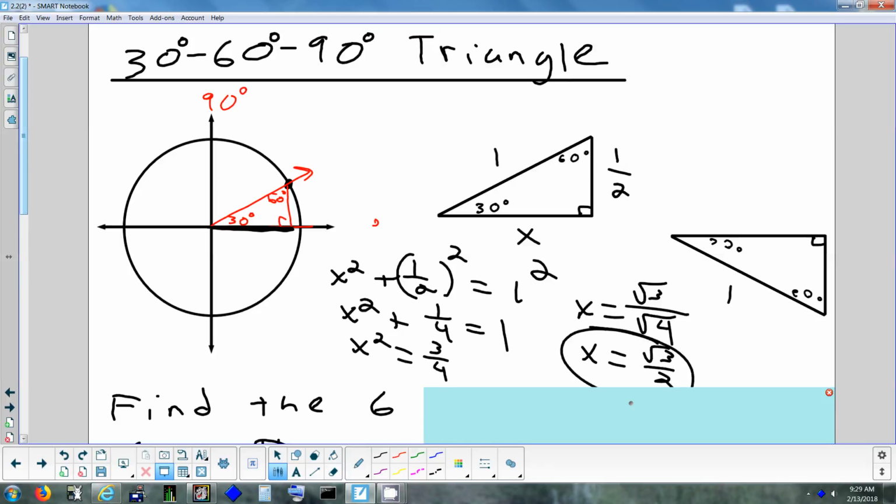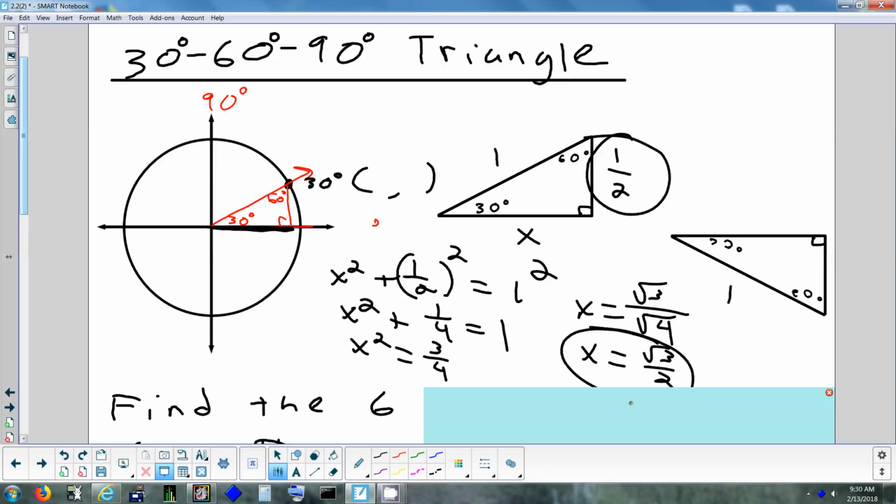And as far as memorizing numbers, these are the last 2 numbers you need to memorize. So you learned root 2 over 2. Now we've got root 3 over 2 and 1/2. Okay, so let's write our coordinate for 30 degrees. What's the x coordinate for a 30-degree angle?